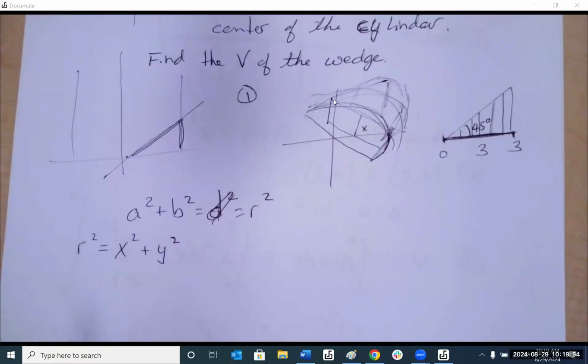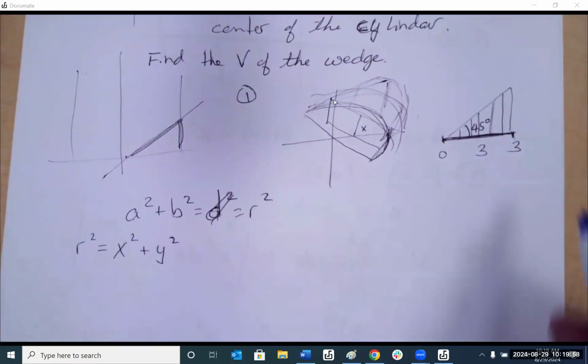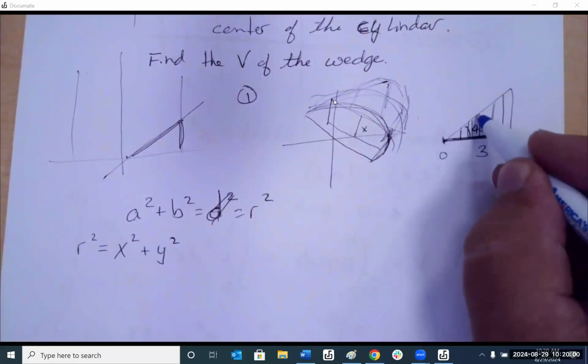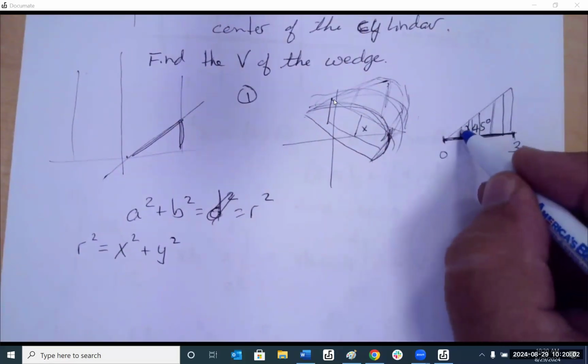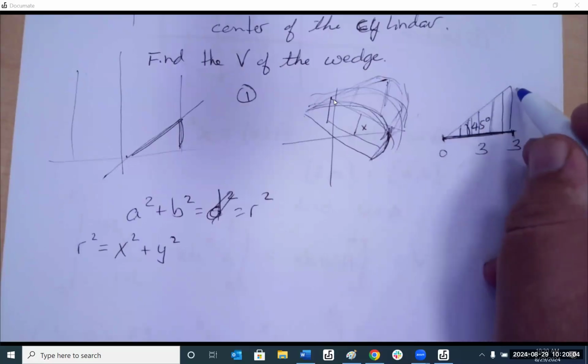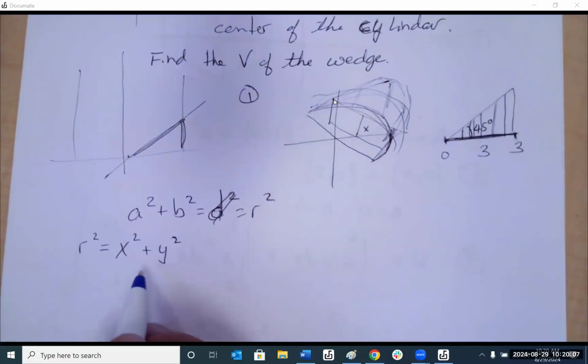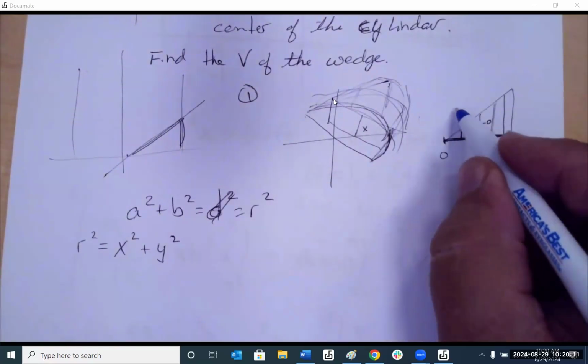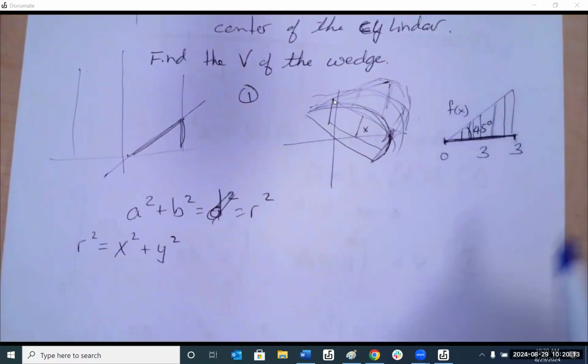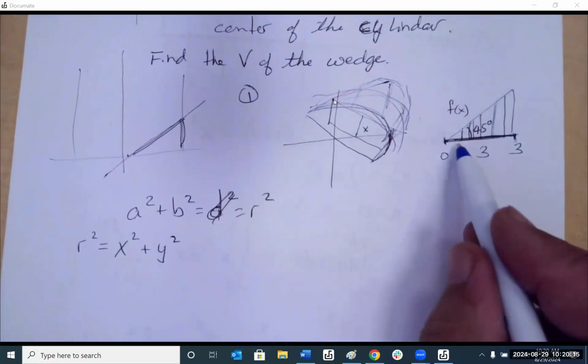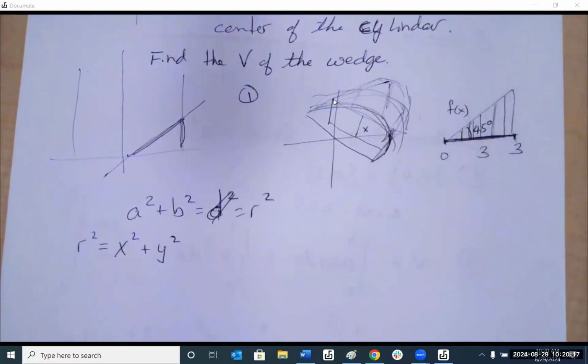So do we know any of these numbers? Since the height changes, we have to solve for y, because our function is going to be a function with respect to x, because that's the variable that's going to tell us the height.